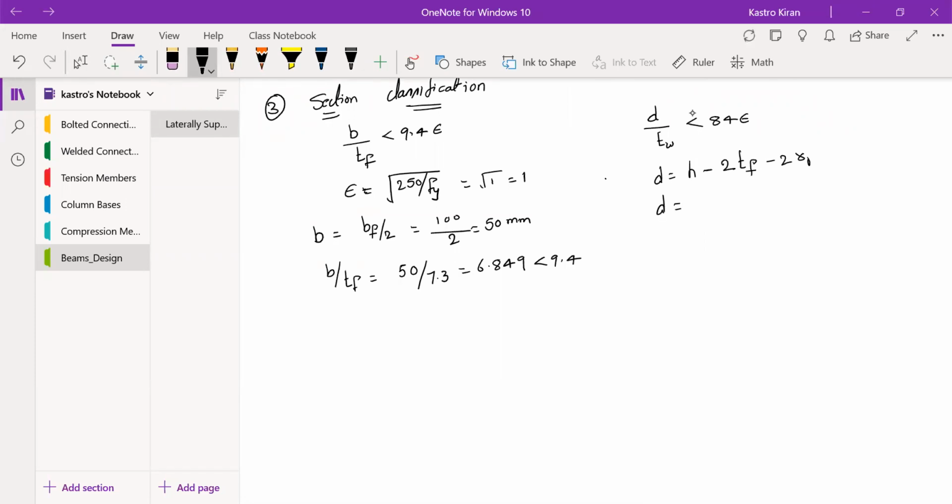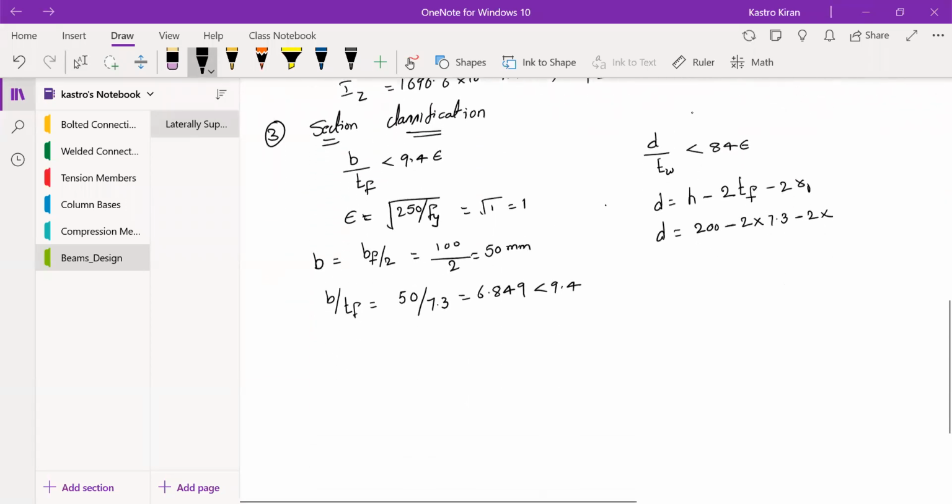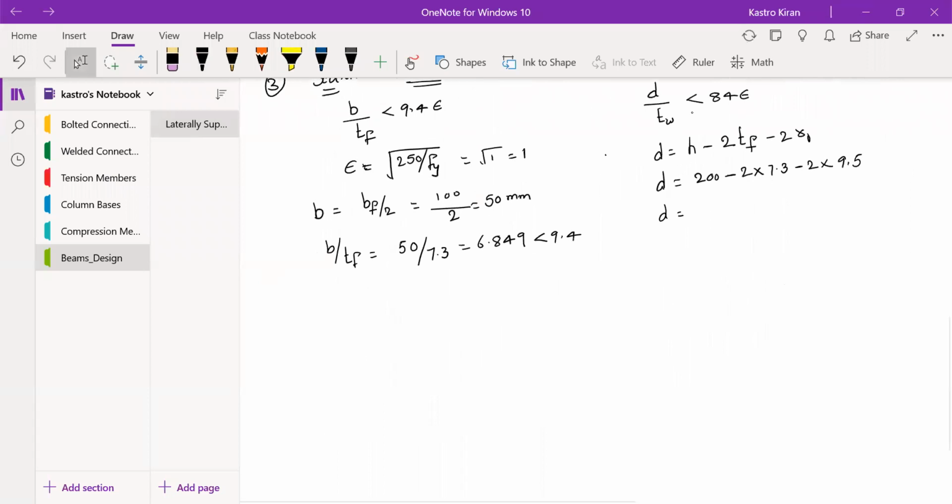So D equals 200 minus 2 times 7.3 minus 2 times 9.5. If you solve this, you get D as 166.4 mm.